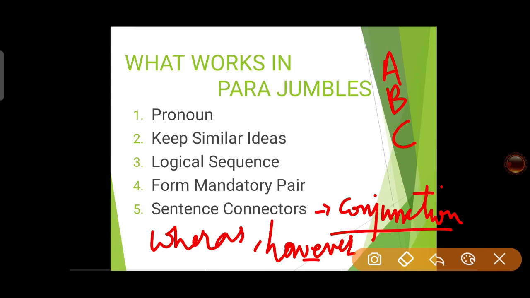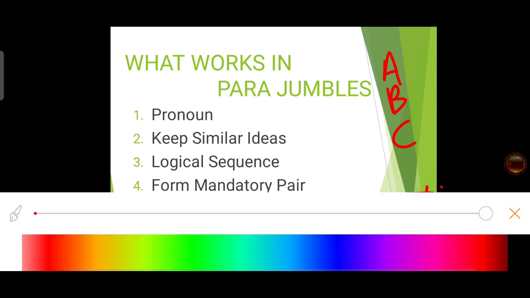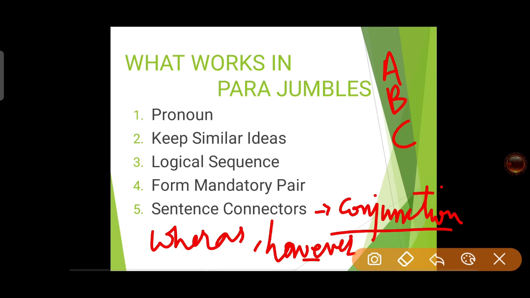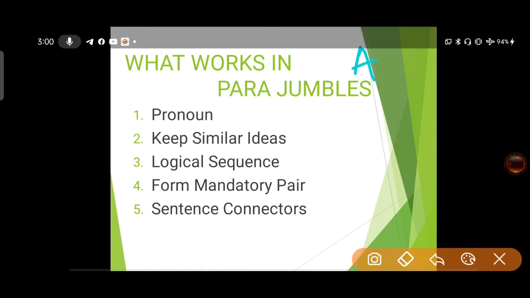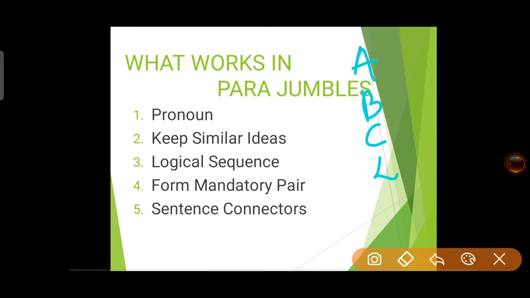maybe it is written, let me change the color. So if we are talking about multiple options like A, B, C, D, E and F, and if we are taking B as the first sentence, then we have to search for another option or sentence which is connected to B, like if either is being used in a sentence.